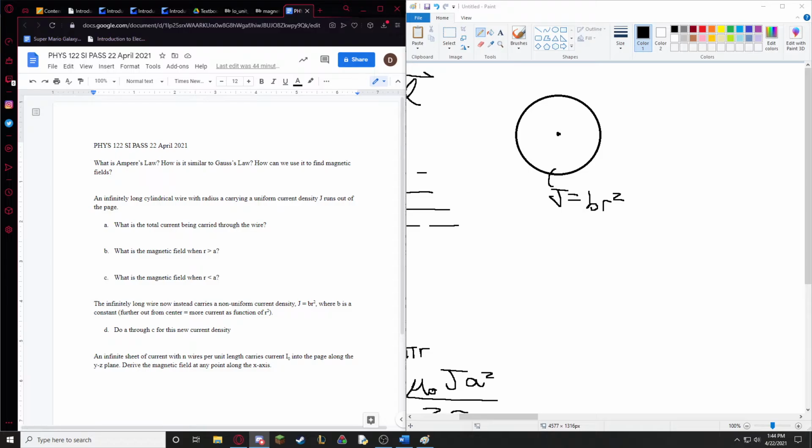Are we able to do that? Because that would be the case for a uniform current density. How do we find it if the current density changes as a function of R? We have to use a little bit of calculus here.